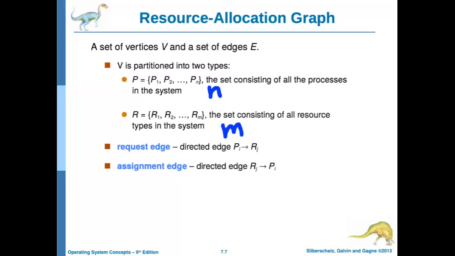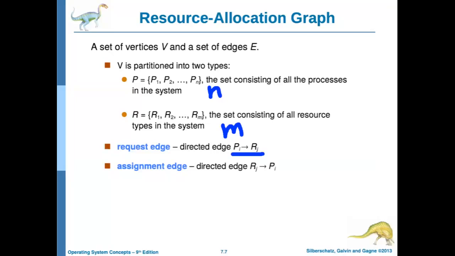Remember, both are directed, which means we must have an arrow for that edge. If the arrow is from P to R, the meaning is that process Pi is requesting resource Rj. So it is a request. The ith process is requesting the jth resource type. That is what the request edge is.